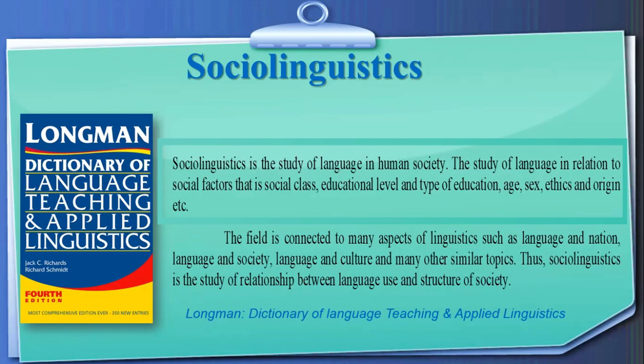How people use language differently in different societies. And we study language in relation to social factors, that is social class, the educational level of the people, what type of education we provide to the people of the country, the age of the students, and even the origins of those communities.